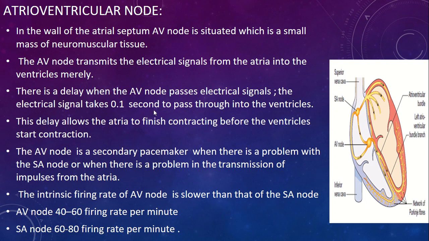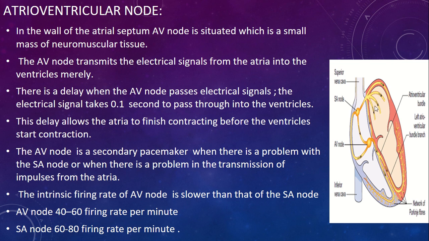The whole cardiac cycle itself is 0.8 seconds, and in that there is a delay of 0.1 second when the AV node is passing the electrical signals into the ventricles. This delay allows the atria to finish contracting before the ventricles start contraction. So this 0.1 second delay at the AV node helps in finishing the contraction of the atrium.